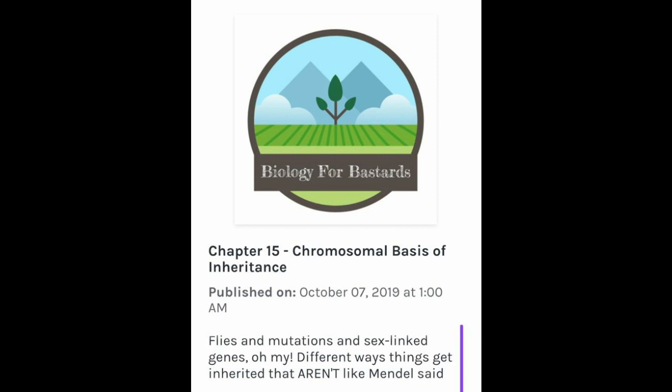You can have a duplication, where you duplicate part of the chromosome. Then there's inversion, where part of the chromosome gets flipped around. And then there's translocation, which is always an interesting one. It's where part of one chromosome breaks off and inserts itself into a non-homologous chromosome.